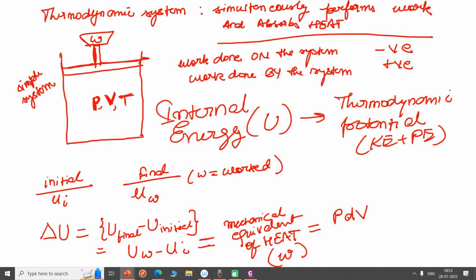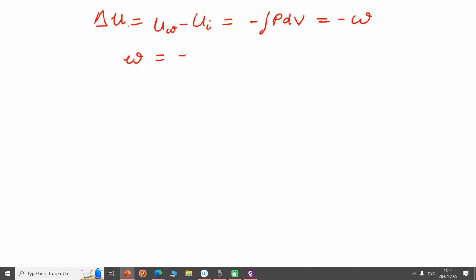So thermodynamic work done at constant pressure will be the integration of P dV from V1, let's say the initial, to Vw, that is after work, and by convention we write it as minus the integration of P dV, so W is equal to minus delta U.